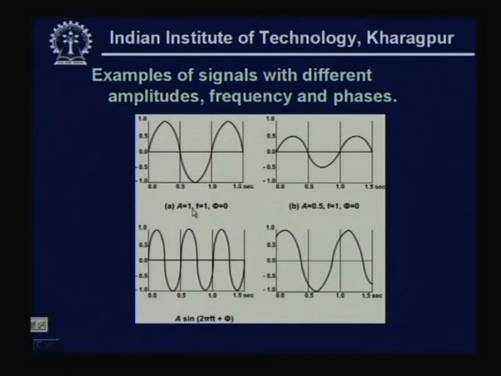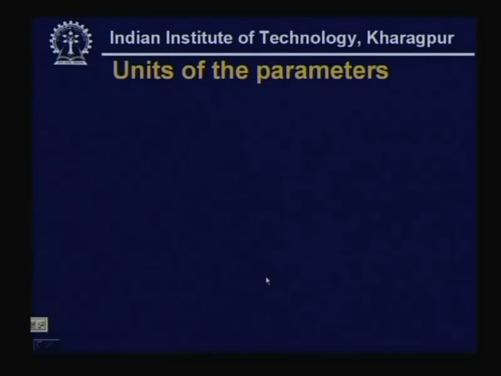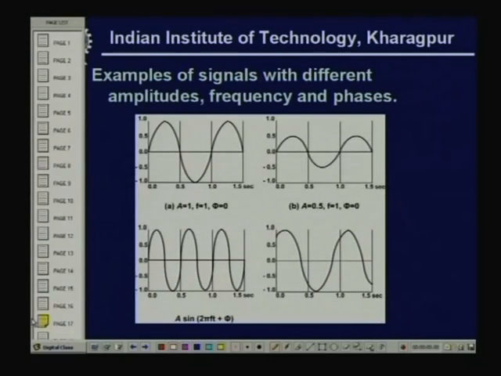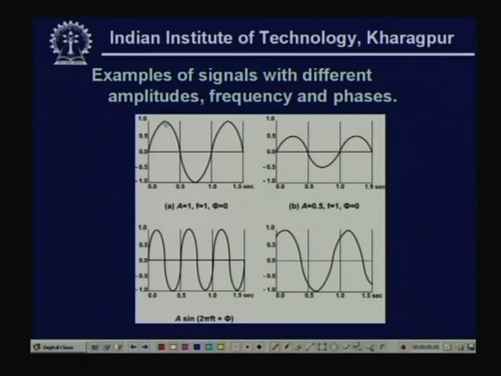So, A is equal to 1 volt, and within 1 second one complete cycle is completed. So, it has frequency f equal to 1, and as I told, at time 0 the phase is 0. So, phi is equal to 0.